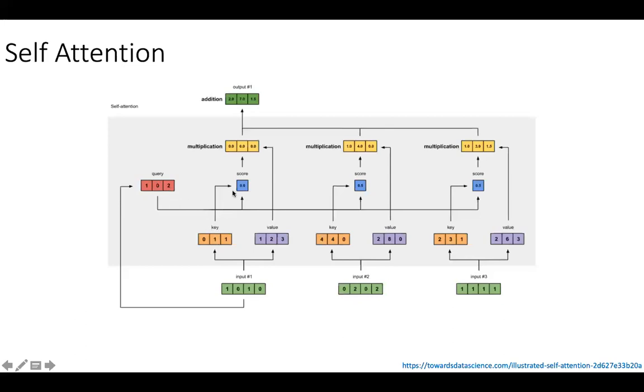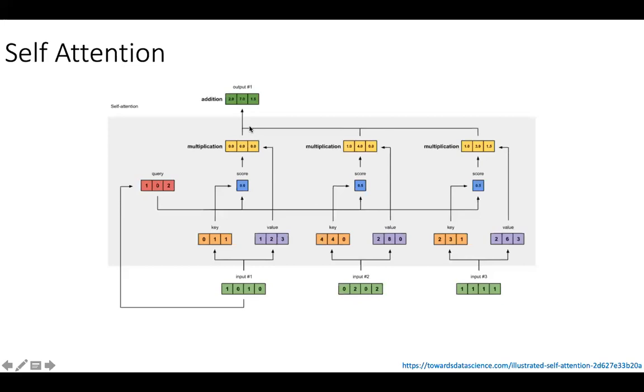That's how we get these scores, and then we apply the softmax on the scores so that their sum will be 1. Then we multiply the value vectors with their respective scores, and that's how we get the weighted value matrix.